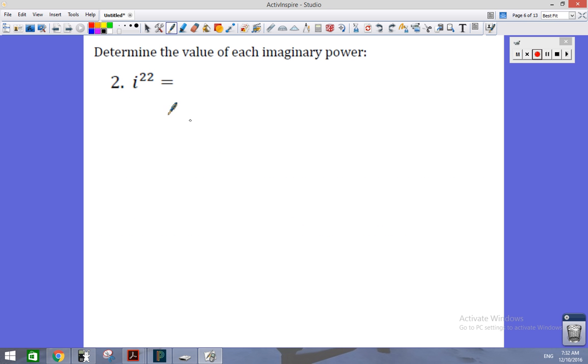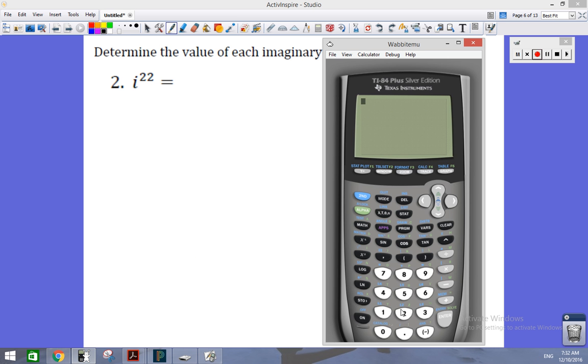Alright, so I've got i to the 22nd power. That's an even number. I'm expecting to get an answer of either 1 or negative 1. If I pull up a calculator and take 22 divided by 4, I have 0.5, a remainder of 2.